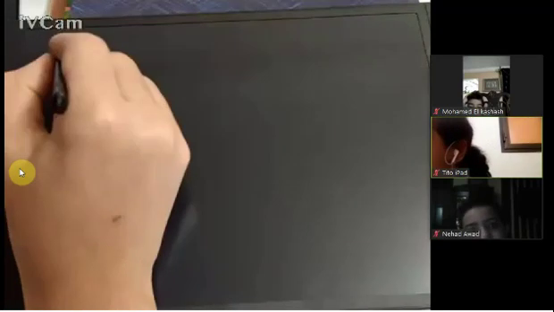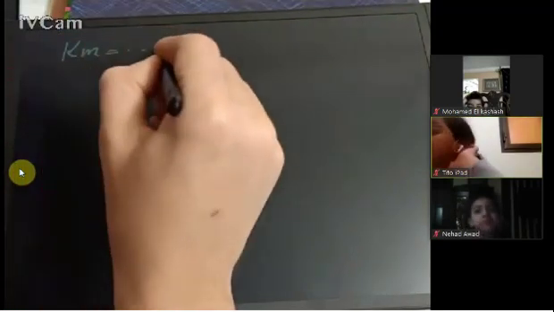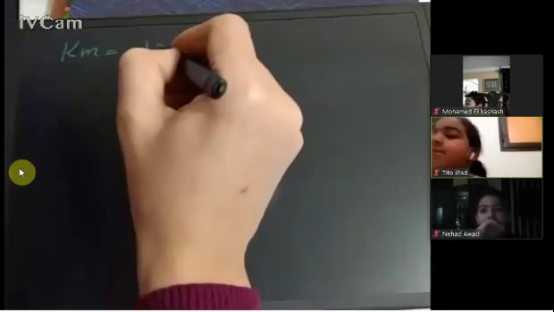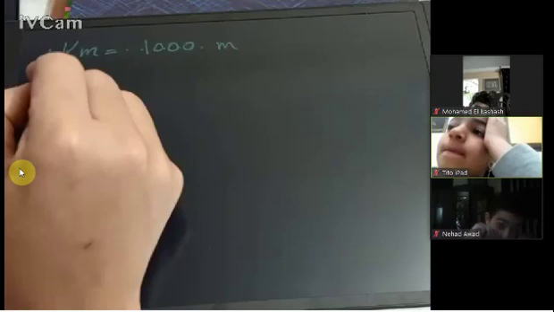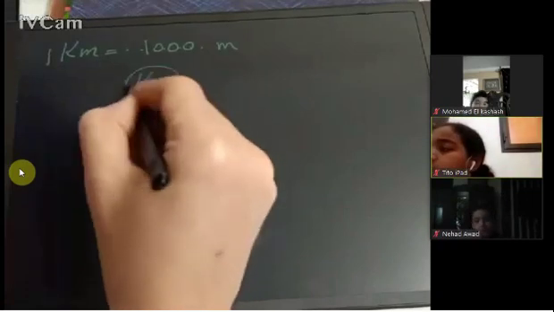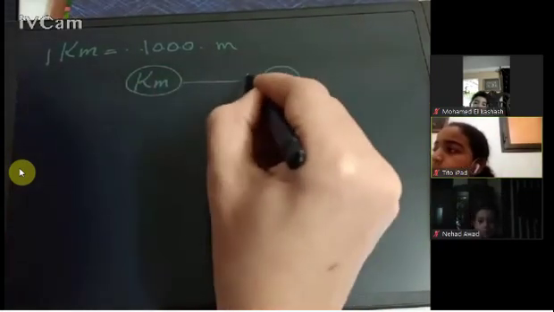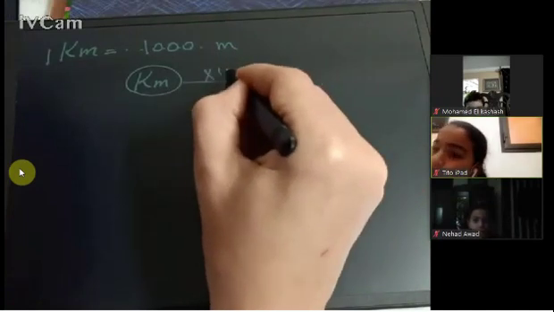The first one: the kilometer equals how many meters? It's 1000. So 1 kilometer equals 1000 meters. To change from kilometer to meter, we multiply by 1000.